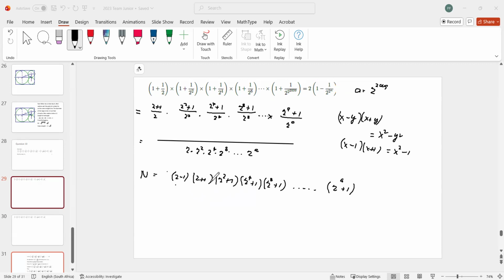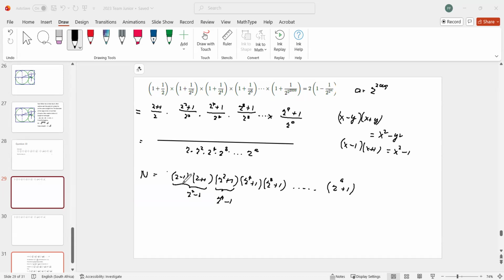When you multiply these two, you have 2 squared minus 1. Now I'm going to multiply that by 2 squared plus 1. So the 2 squared minus 1 into 2 squared plus 1 is 2 to the power of 4 minus 1, because 2 squared all squared is 2 to the power of 4.